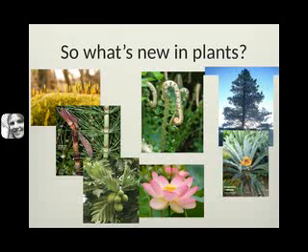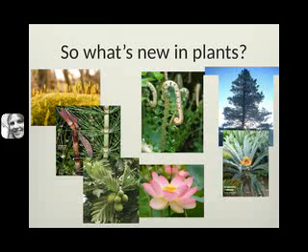If you remember, I talked a little bit about the derived traits that we saw in the angiosperms versus the gymnosperms, and the angiosperms and gymnosperms versus the seedless vascular plants, and so forth. Now let's think about all the land plants versus their algal ancestors, and what are the derived traits that we see. So what's new in plants?